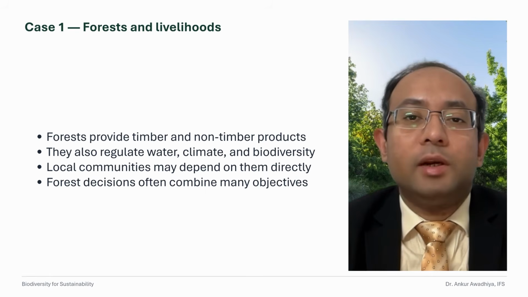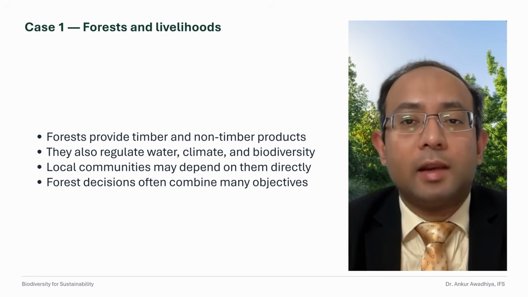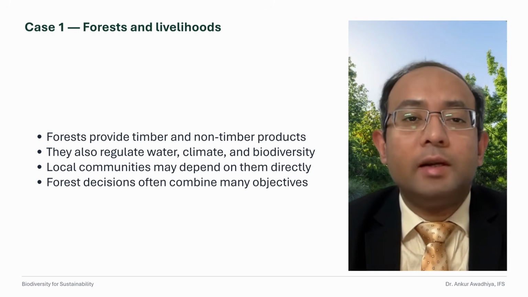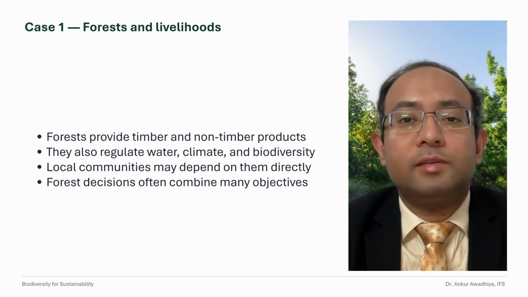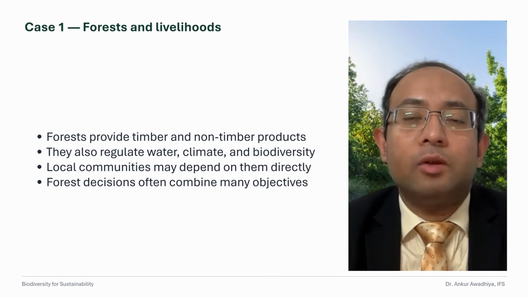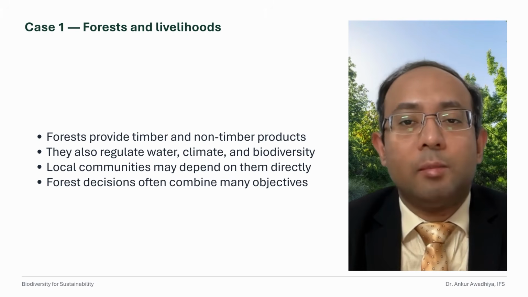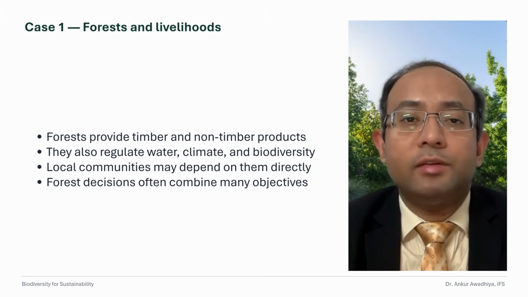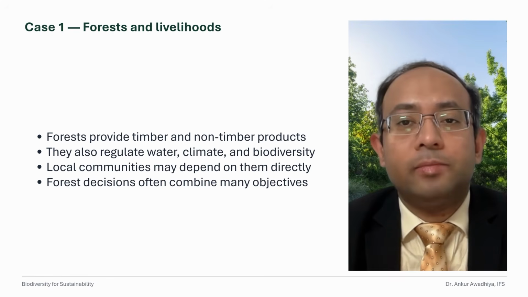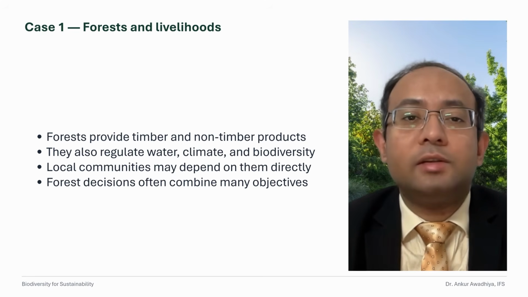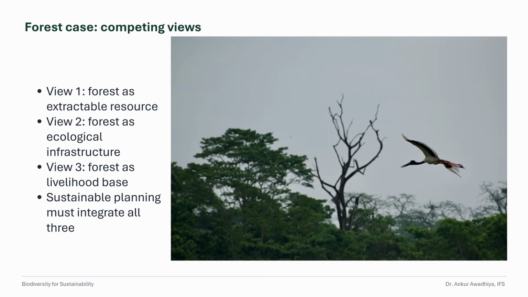Many local communities depend on forests directly, while wider societies depend on forest services indirectly through water and food security, among others. Forest decisions are therefore simultaneously about ecology, livelihoods, infrastructure, and long-term risk. Any analysis that treats a forest as only one of these things will miss important parts of the picture.